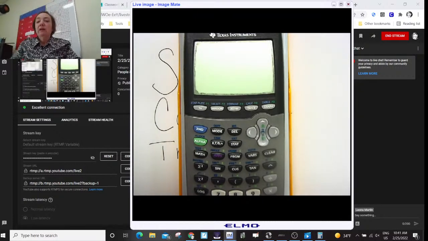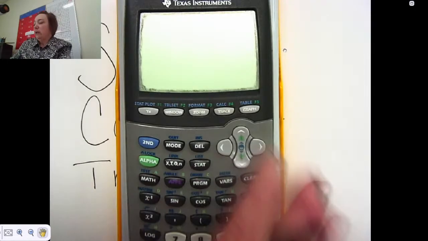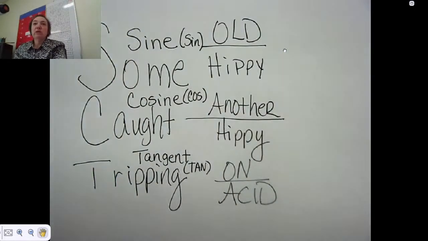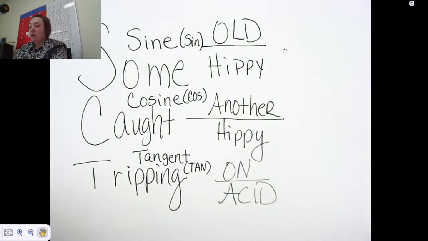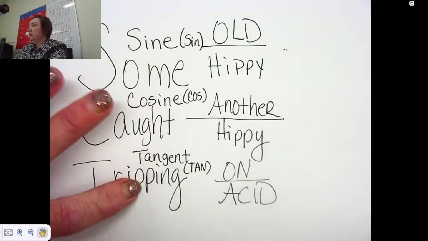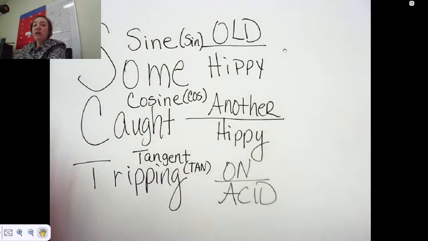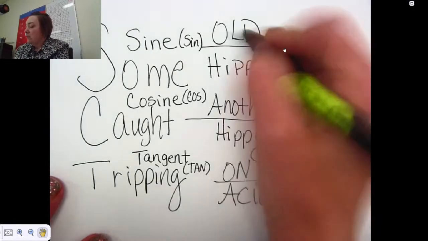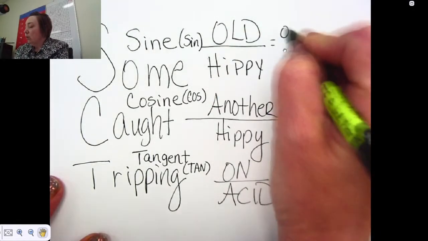Okay. Now, what do these things mean? What is sine? What is cosine? What is tangent? So, sine, cosine, and tangent are just ratios of side lengths on a triangle. So, this O stands for opposite.